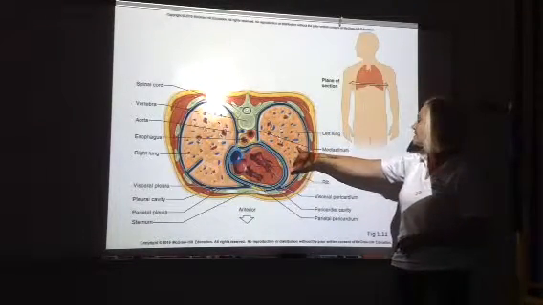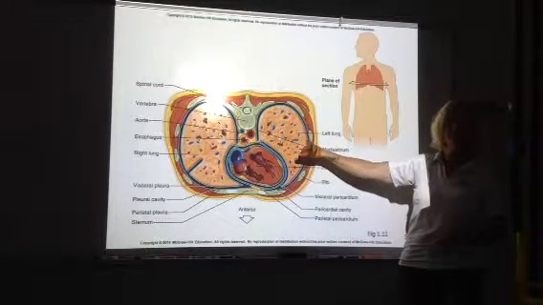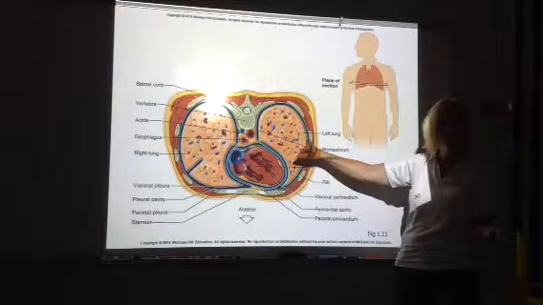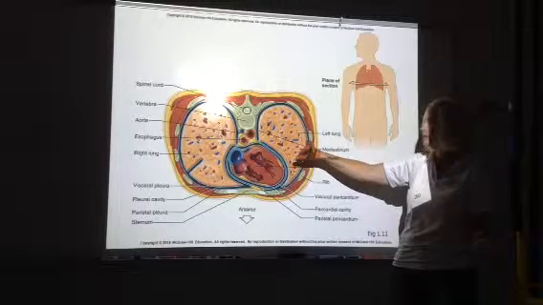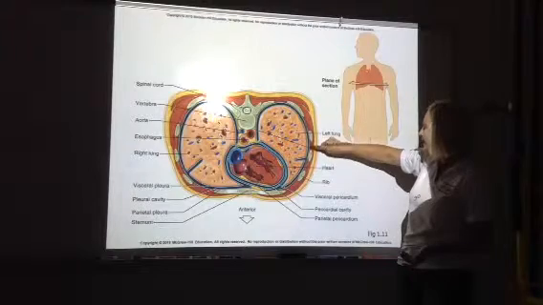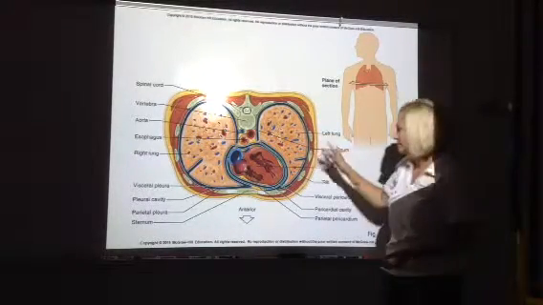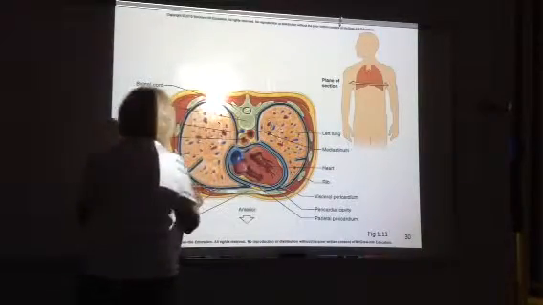So if this is my lung, this will be my visceral pleural, because it's lungs, lining or membrane. This is going to be my parietal, because it's on the outside, which it actually labels it over here.